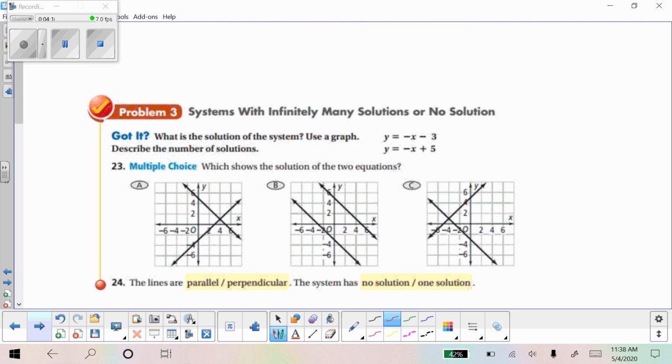Well, you guys, sometimes when you have a system of equations, you don't get 2 lines that cross. And that means something different. Okay? So which shows the solution to these 2 equations? So we have to figure out. So we have y-intercepts of -3 and 5.